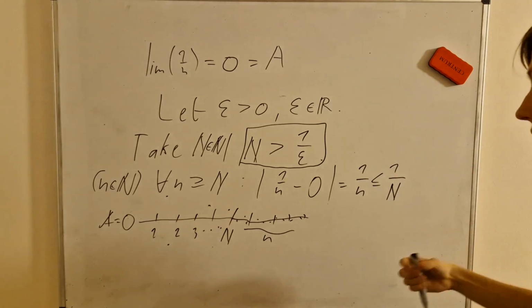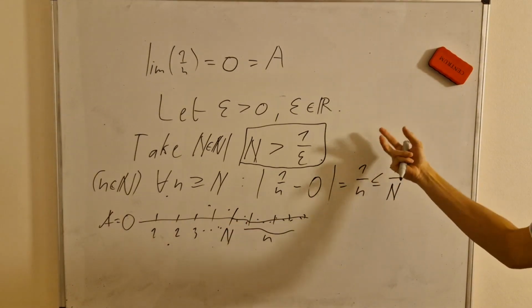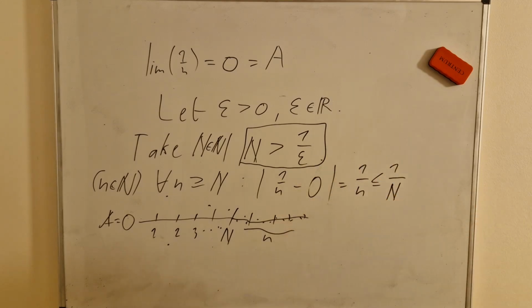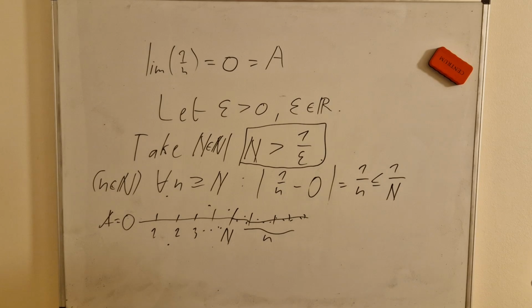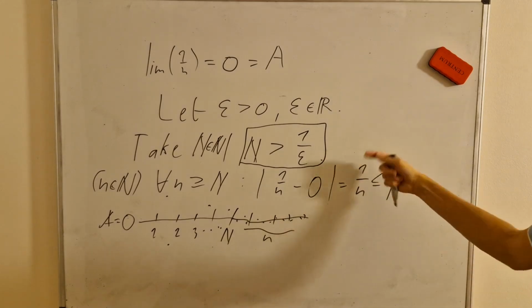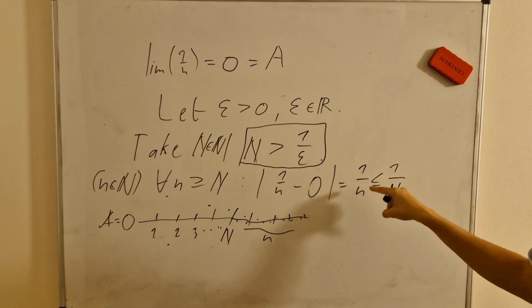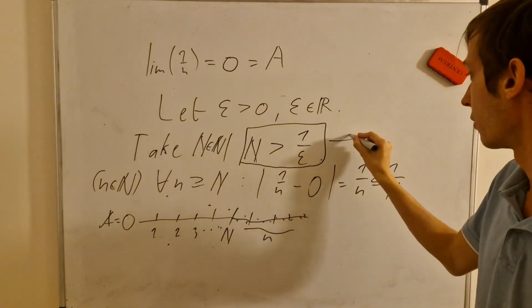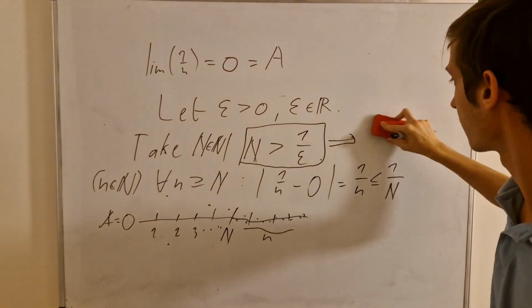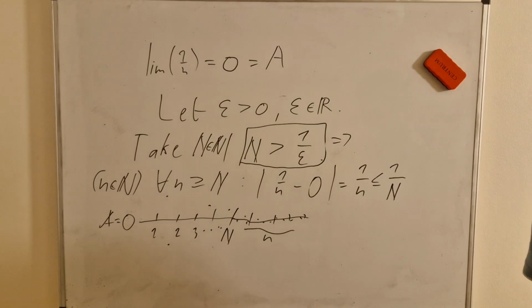What we now know is that lowercase n's are higher than uppercase N's, so 1 over lowercase n is smaller or equal to 1 over capital N.